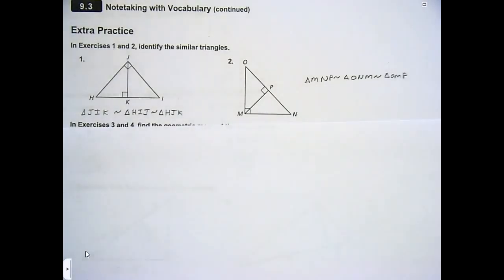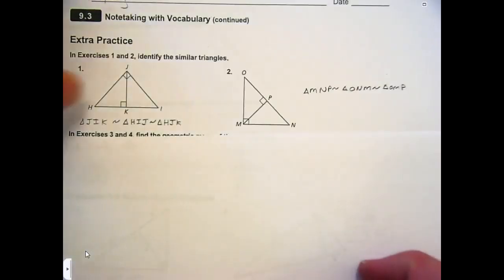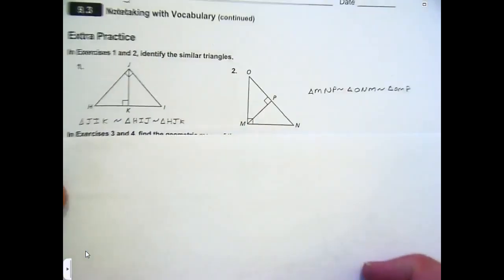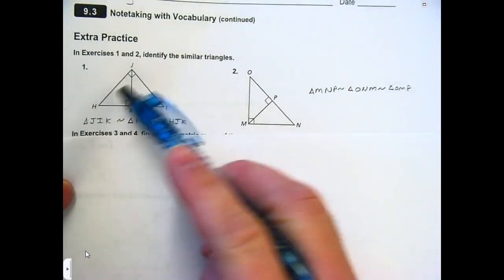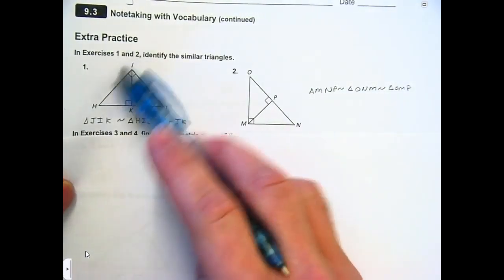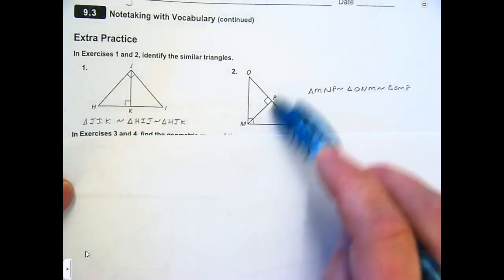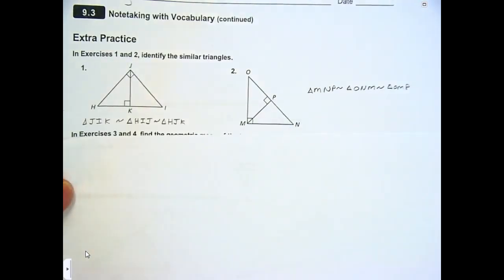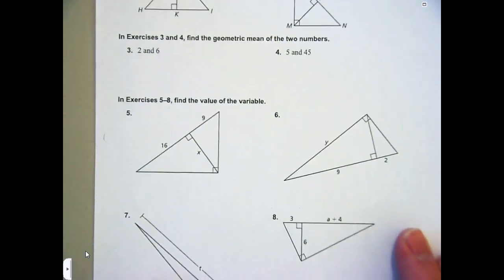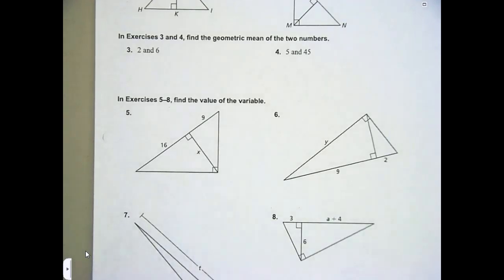Carla? Any questions on 1 and 2? This triangle, that triangle. So you're separating your 3 triangles, the big one and then the 2 small ones. What's your question, Carla, on 3 and 4? Let's go ahead and leave it in simplest radical form on number 3 and 4. Good question.